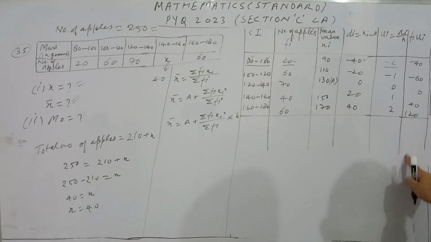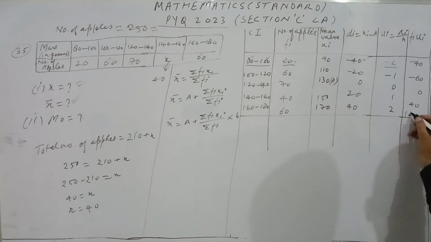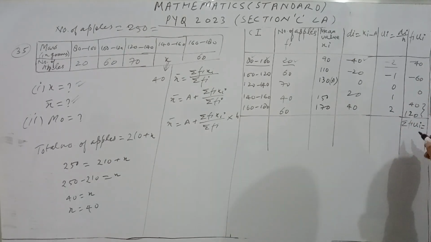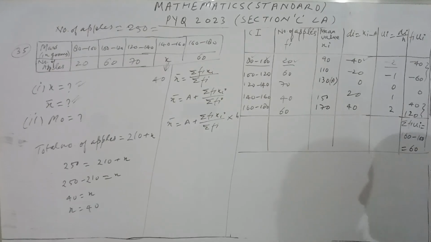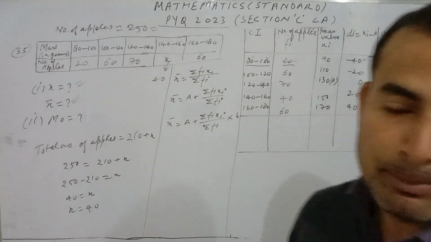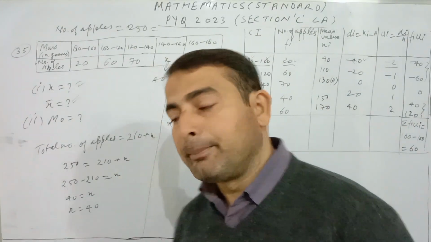So what will be the value of sigma fi ui? It will be the sum of these values. So here we see that these two values are positive and the sum of these two values will be 160, and these two values are negative and the sum of these two negative values will be 100, so it will be 60. Okay, so this is the table we had to prepare for finding out the mean.